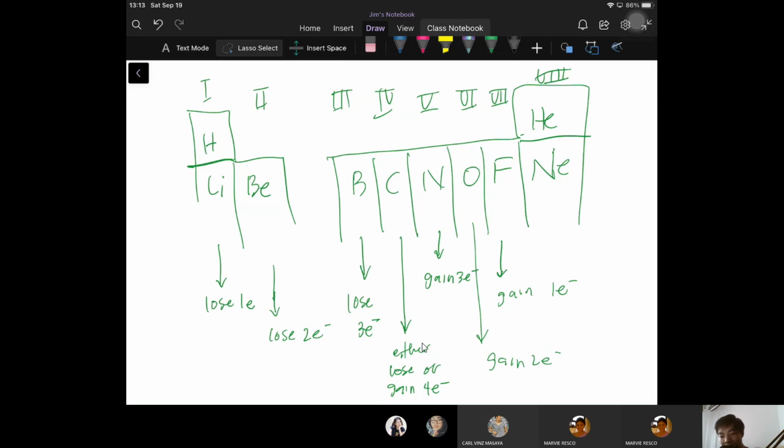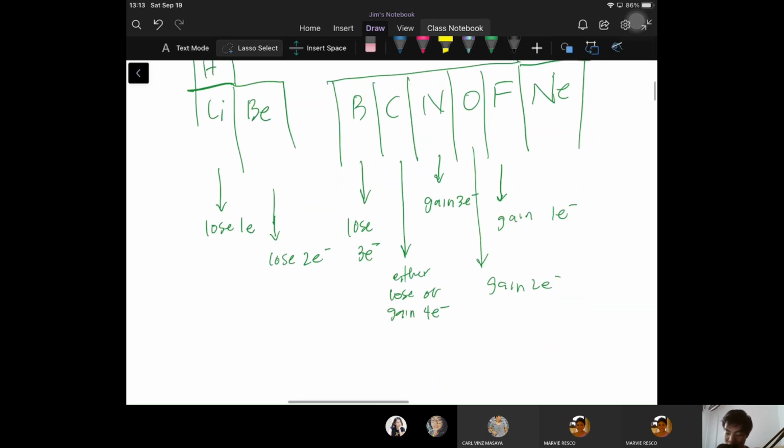Yung group 4, medyo balimbing yan. No? So, case-to-case basis na yan. No? Okay, so yan. So, yun yung mga trends na makikita natin. No? Depending on the group number, there is a corresponding consequence about losing or gaining electrons. Ano pa yung mangyayari? Balikan natin yung usapang charge. No? Charge. Kung naalala nyo pa.